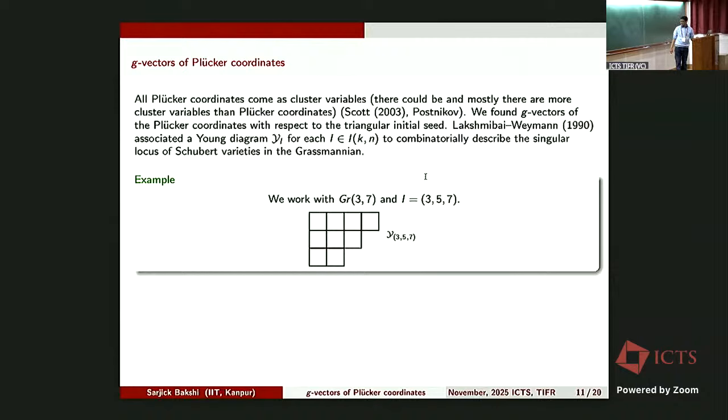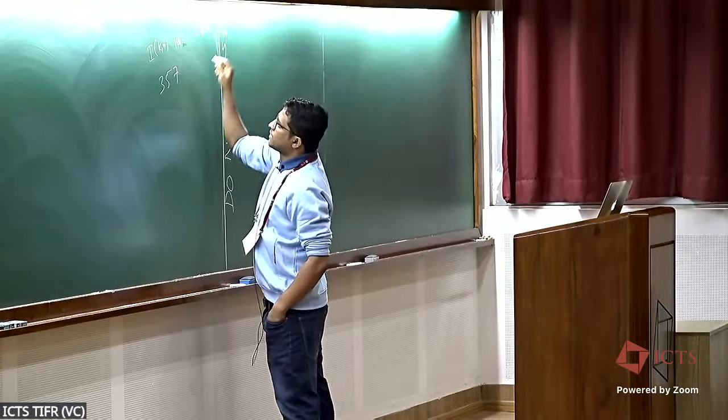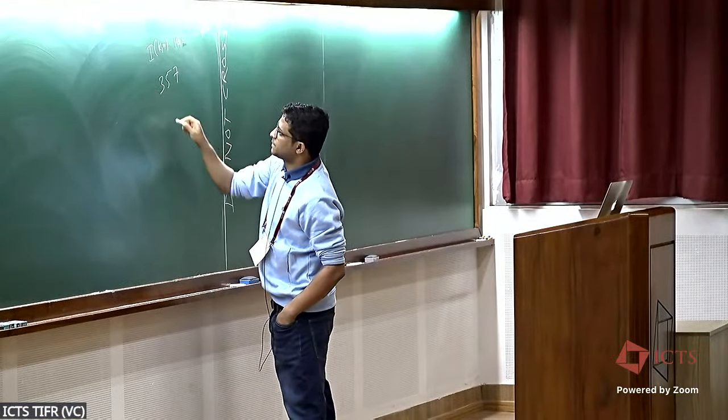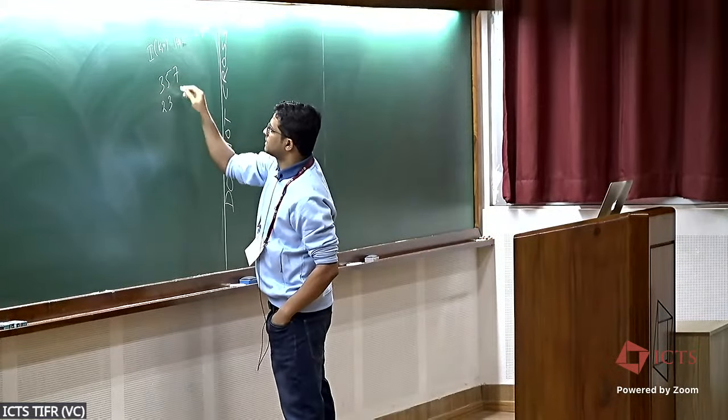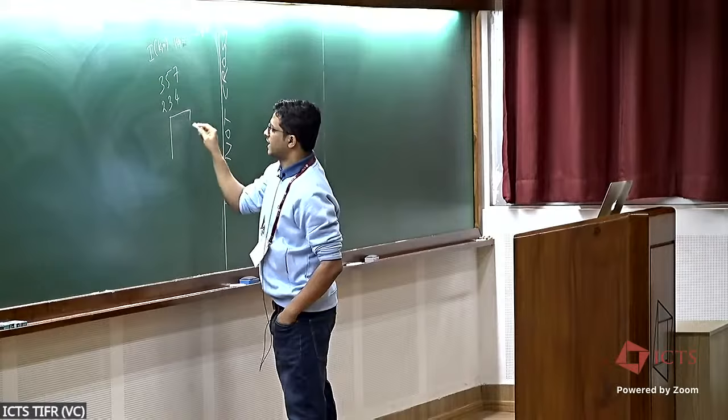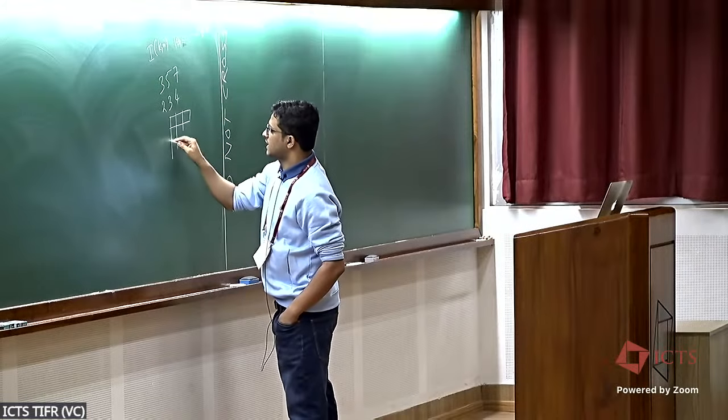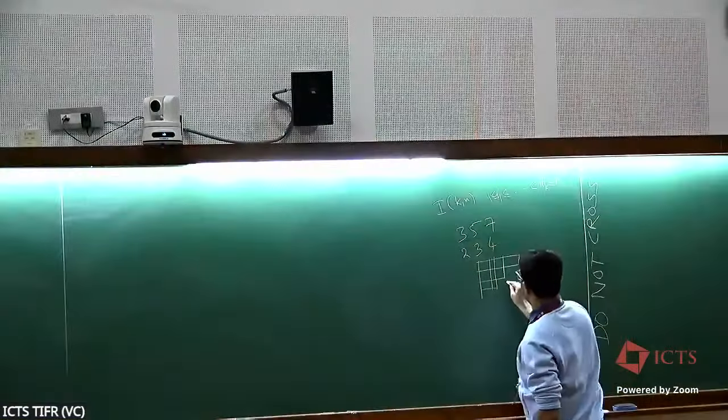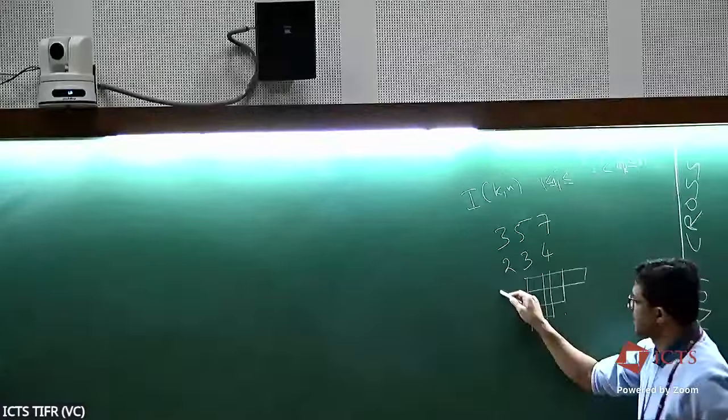The idea is this: if you take something like the index 357, the Plücker coordinates are indexed by this set, and then you subtract 1 from here, 2 from here, 3 from here, and you get a Young diagram. So this is the Young diagram we are interested in.